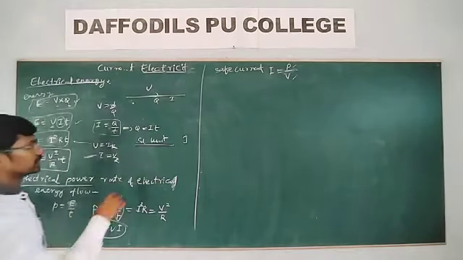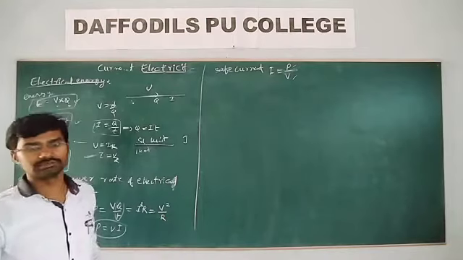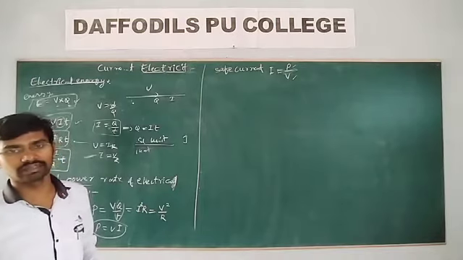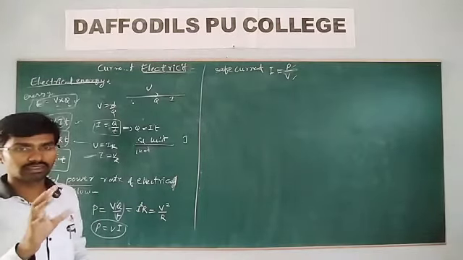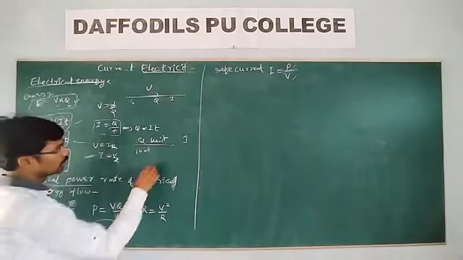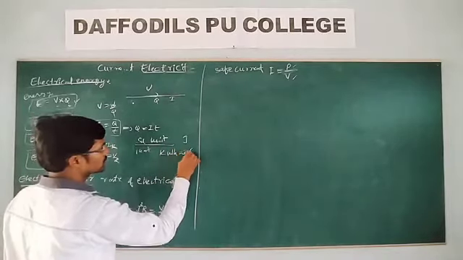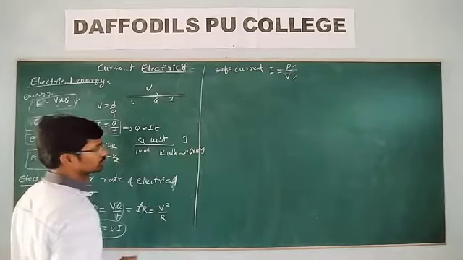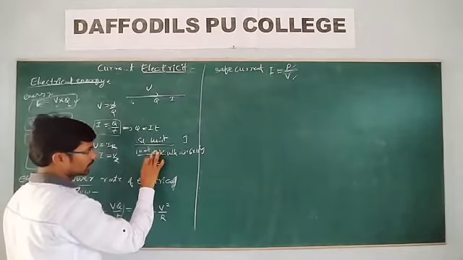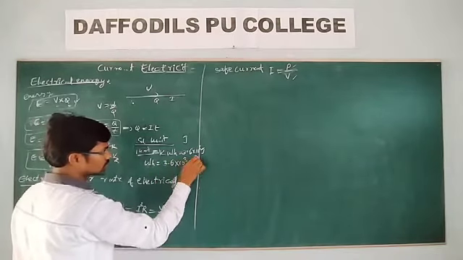But commercially, when we measure electricity in our house for the electricity bill, the unit used is the kilowatt hour. 1 kilowatt hour is equal to 3.6 into 10 power 6 joule. 1 unit is equal to 1 kilowatt hour, whereas 1 watt hour is equal to 3.6 into 10 power 3 joule.